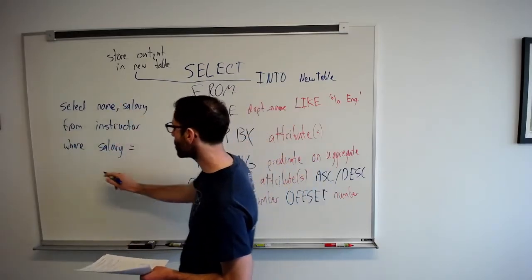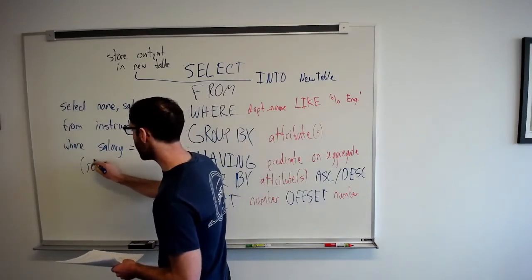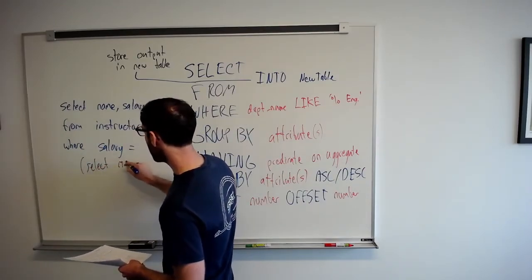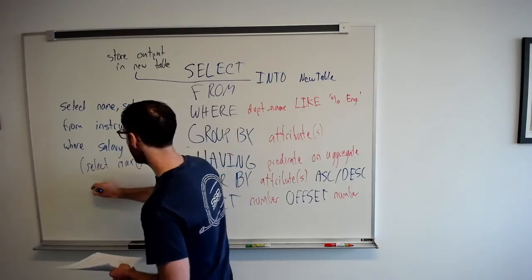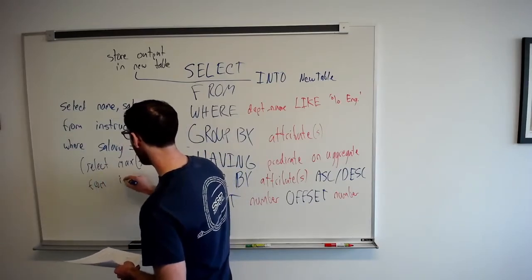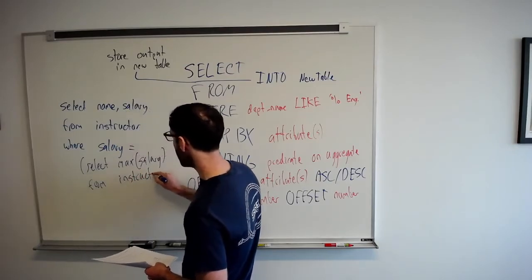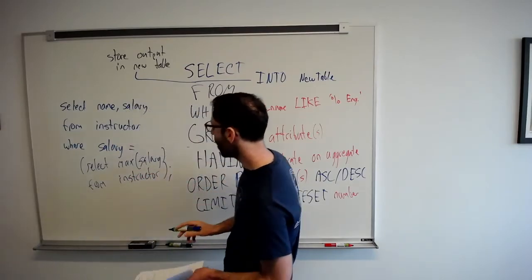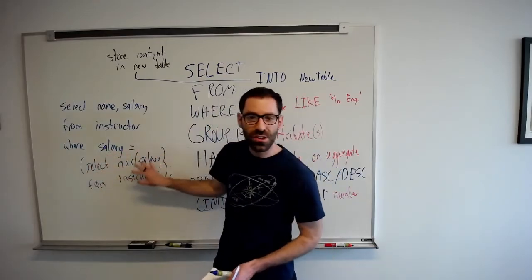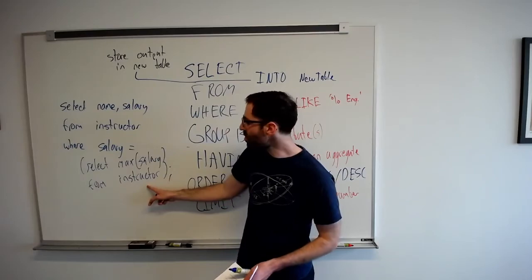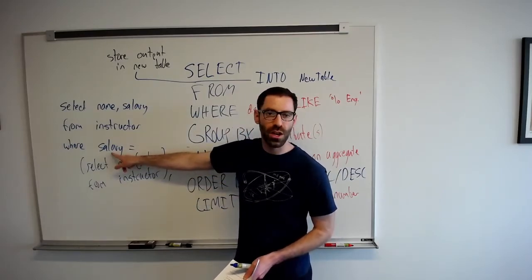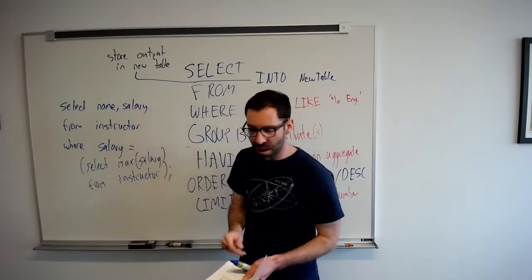So we can say where salary equals, and then select max salary from instructor. And so we have this nested query inside our where clause that selects the max salary from instructor, and that's what we're filtering on for salary equals.